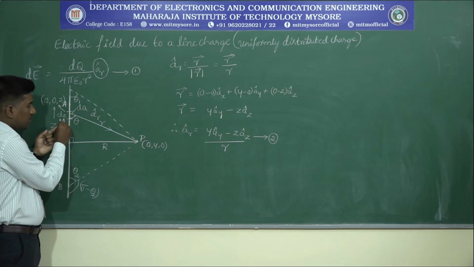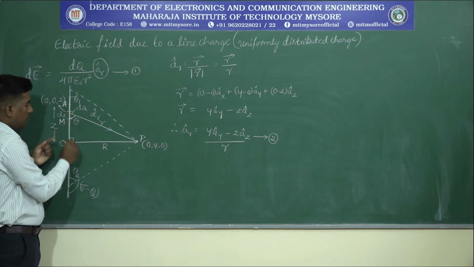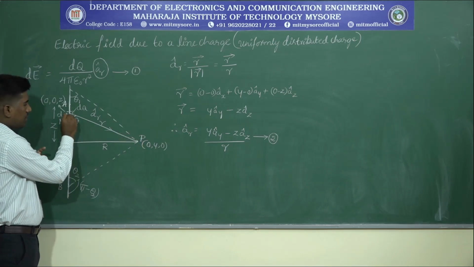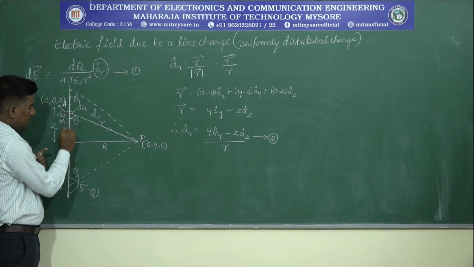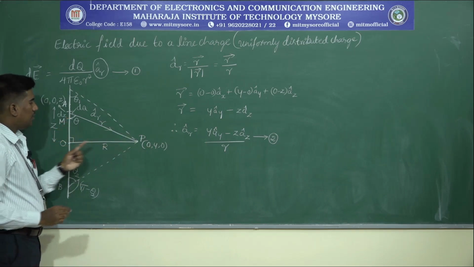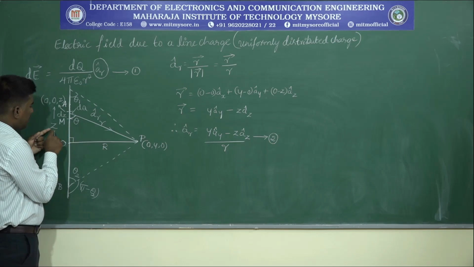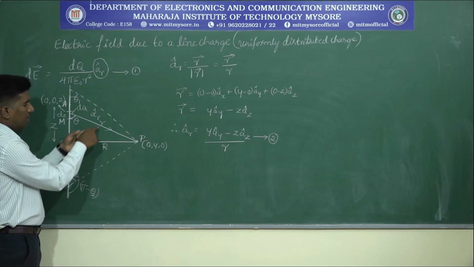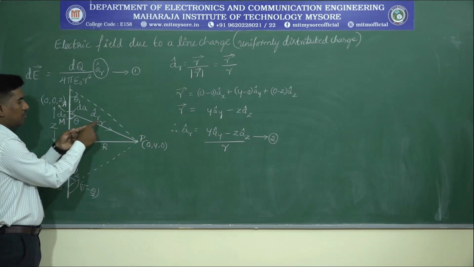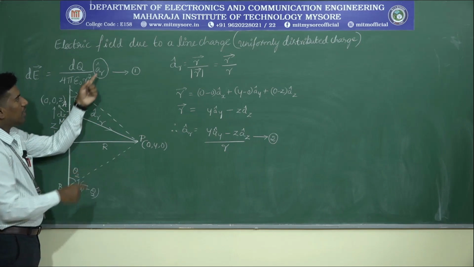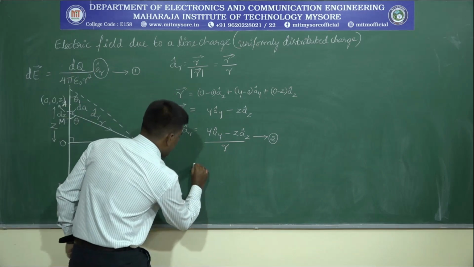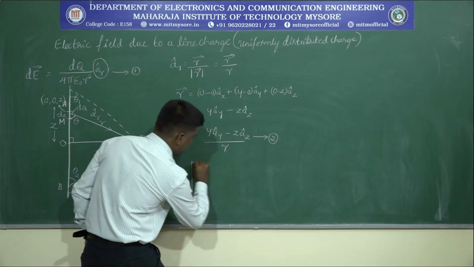This creates a right angle triangle MOP. According to this right angle triangle, we can find the distances Z, R and small r, which are essential to calculate the unit vector. Let us consider this triangle.